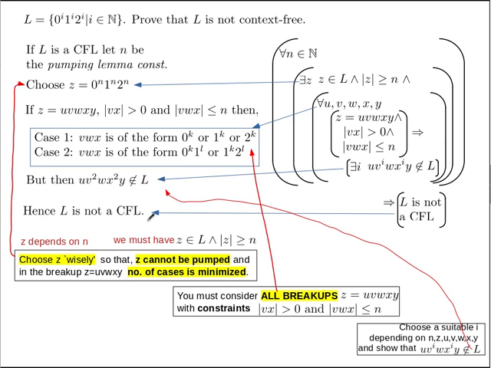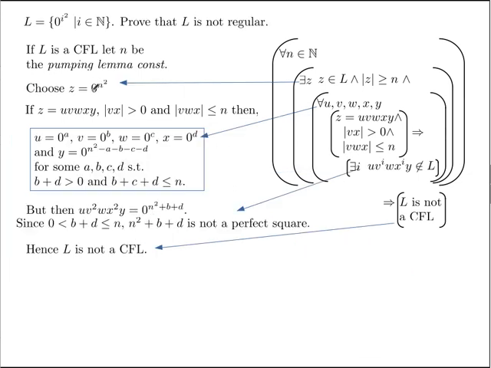So just one more example. Again, this consists of just one symbol, but you are taking 0 to the something which is a perfect square, and you are taking all the perfect squares here. So again, you just choose this z, which is in this language and whose length is at least n.